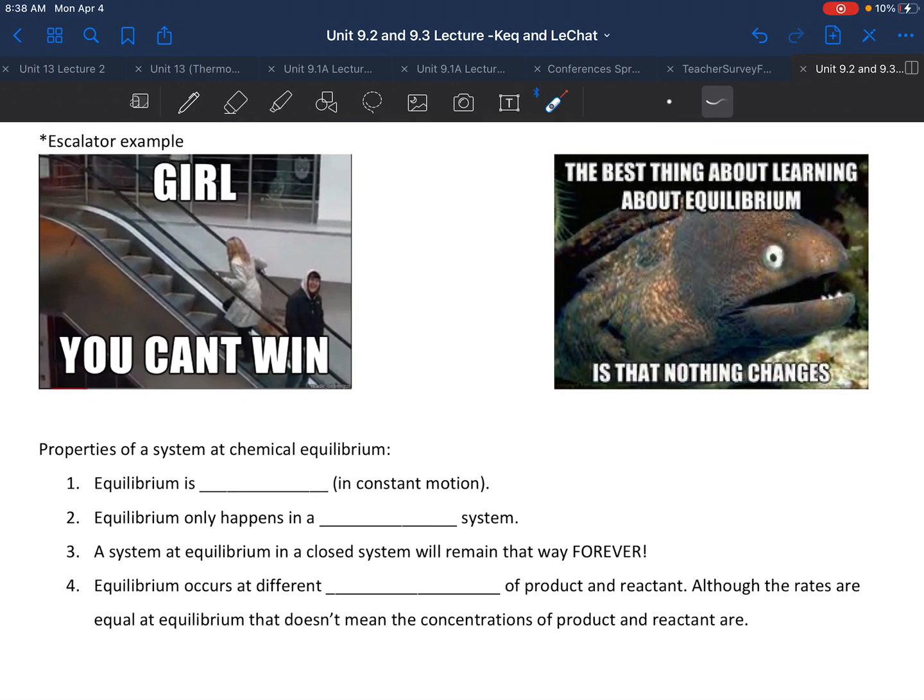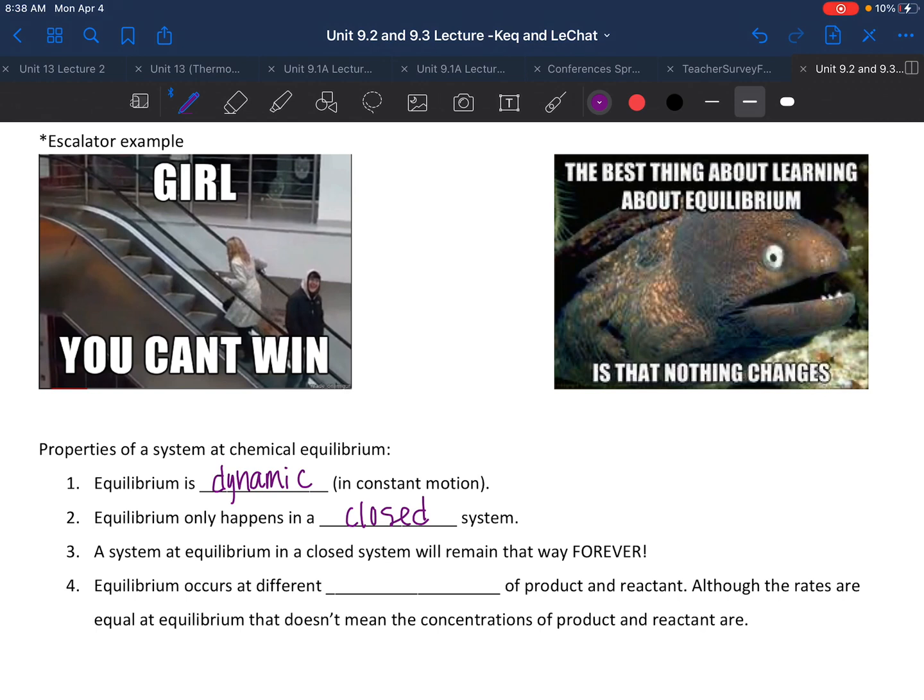So, let's go over some properties here. And so, as I just said, equilibrium is dynamic. And all this means is that it's in constant motion. Equilibrium only happens if you have what's called a closed system. And so the difference there is closed is some sort of controlled container, right?